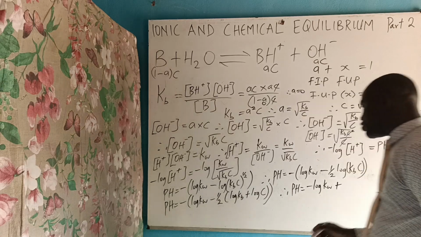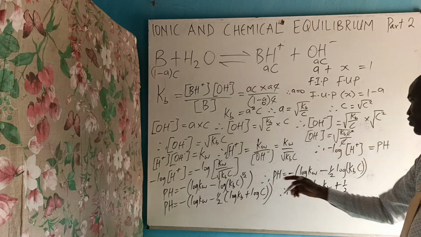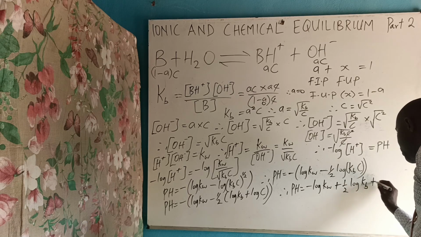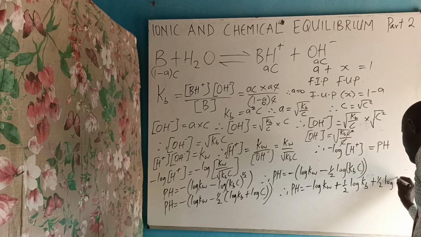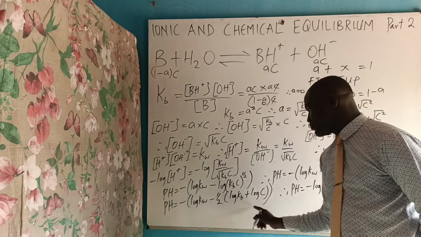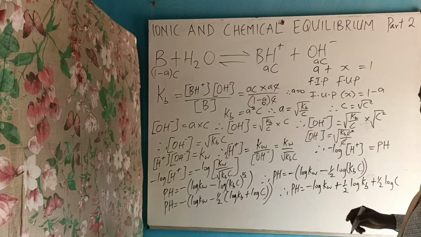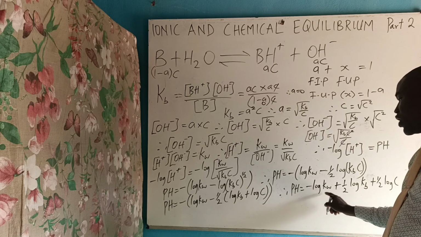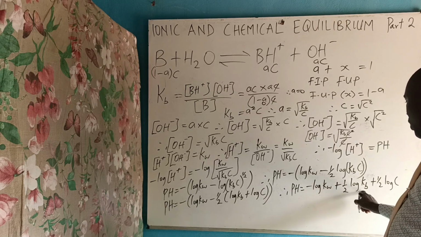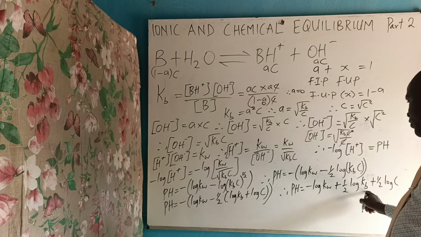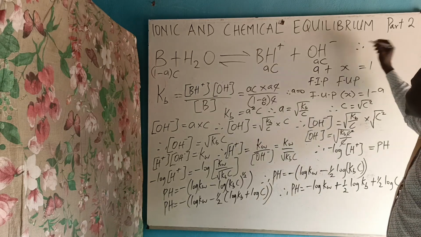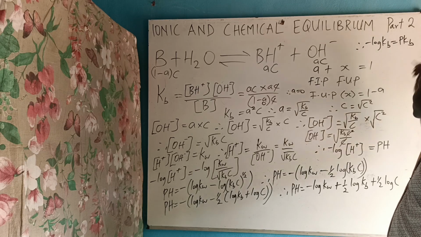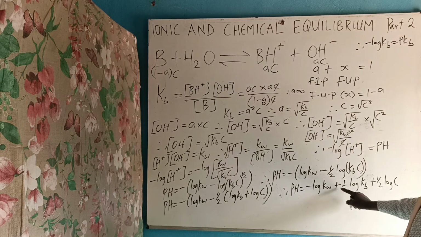Minus times this is plus half log Kb plus half log C. You can see now, we have arrived at this point. Now, it is important for you to know that this is what we call pKw, right? And this one is log Kb. Note that minus log Kb is equal to pKb, right? And look at the 1 over 2.